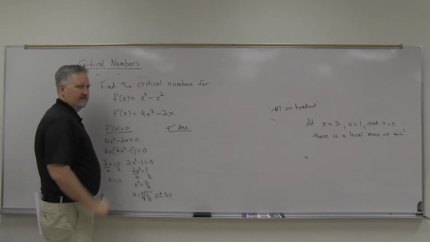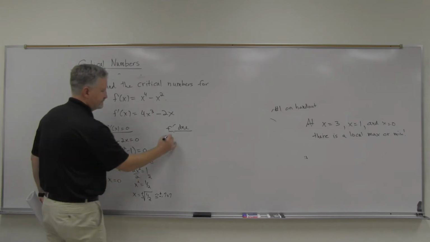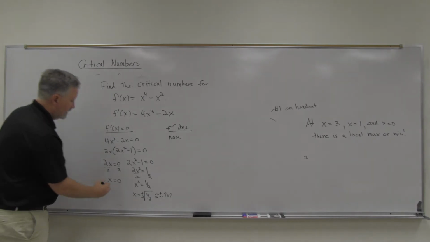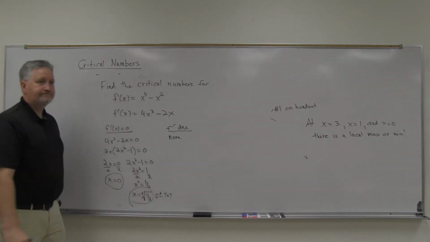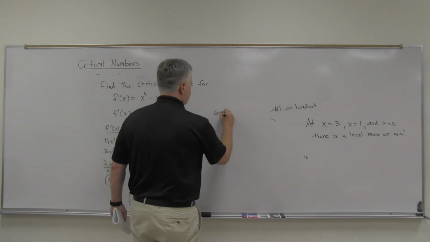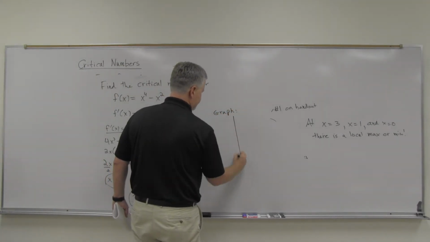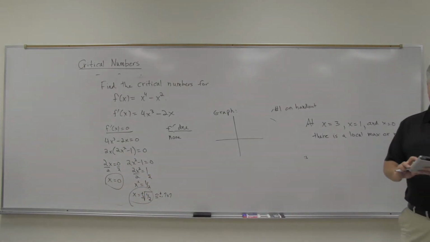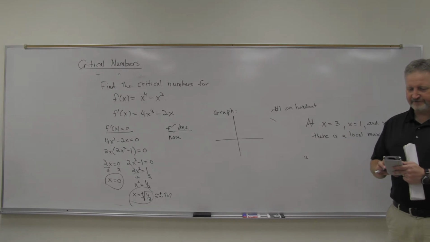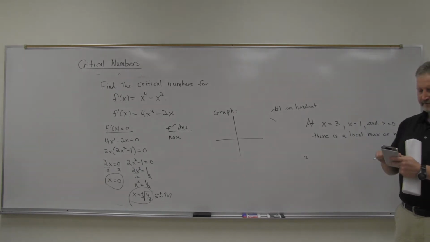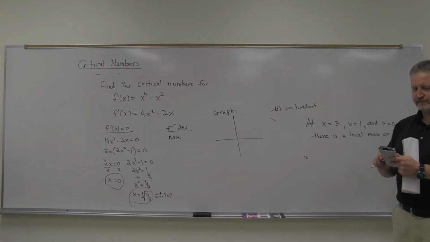There's no x value where it doesn't exist. So there's no critical numbers from that. But yeah, so we do have 3 though. Now, if you look at the graph of this one, guess what we'll find with those critical numbers? Guess what we find on the graph at those values? See, x to the 4th minus x squared.